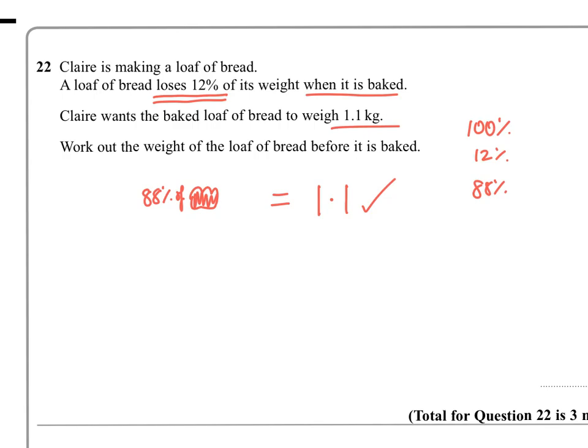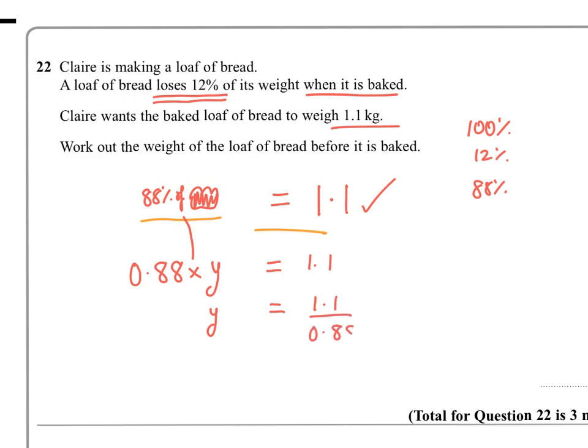Now, a nice way of writing this part, because I'm forming an equation here, is to say 88% is 0.88, and of is times, and the bread, well, I'm not going to draw another loaf, I'm going to call it, say, y is 1.1, and if you divide both sides by 0.88, you'll get 1.1 over 0.88.